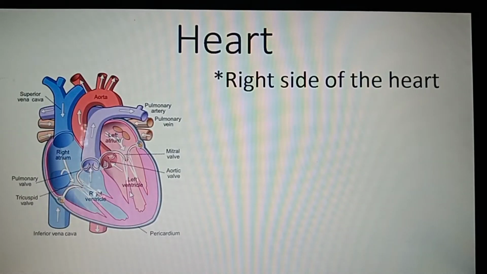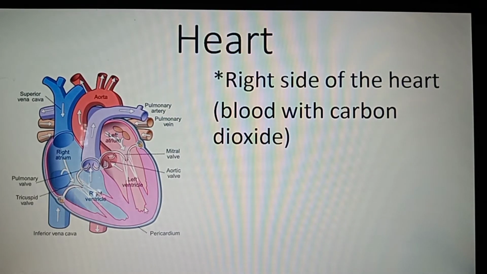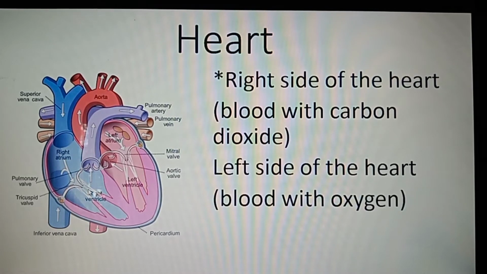Okay, let's continue. In other words, may right side at saka left side ang ating heart. Kasi may right atrium at saka may left atrium. Diba? At may right ventricle at saka may left ventricle. Okay. So this is the left side of the heart and this is the right side of the heart.